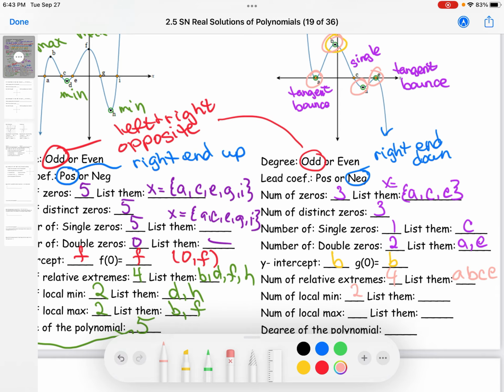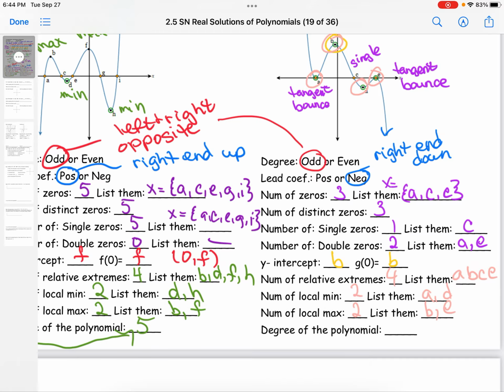Okay, local minimums, there are 2 of them. That tangent bounce at A is a minimum, and the point at D is also a minimum. There are 2 local max, and those would be at point B and at point E. Okay, that's a high peak for that region of the graph.